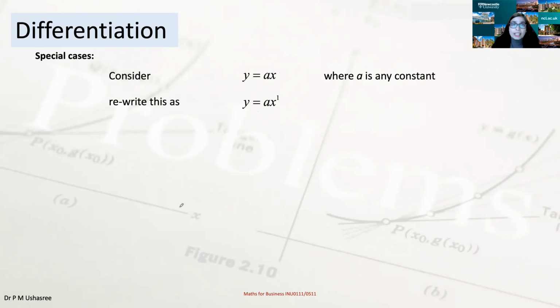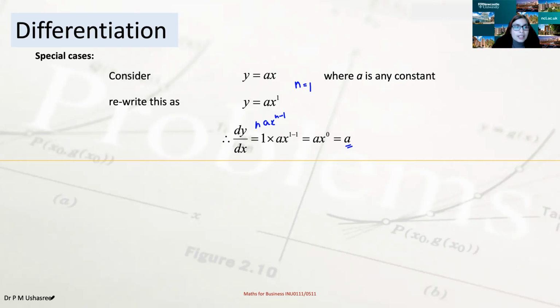So a times x to the power of 1. You use the formula dy by dx is equal to n times a times x to the power of n minus 1. Here n is 1, so it becomes 1 times a times x to the power of 1 minus 1. So you just get a. You just get the coefficient of x.